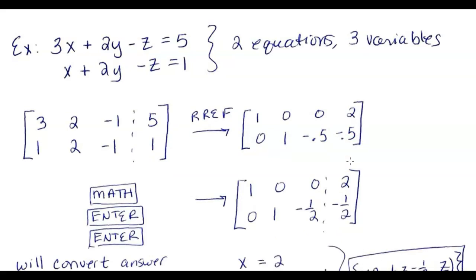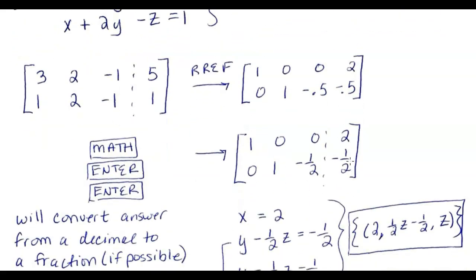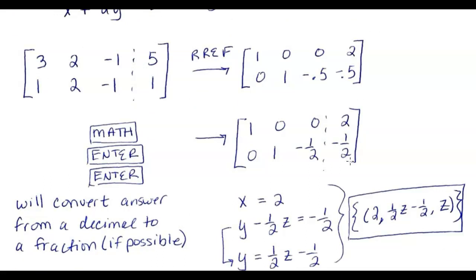In the infinite solution case, which is what we're going to have here, MyMathLab will not let you use decimals. So if you have decimals and you need to convert those to fractions, these you can convert easily in your head, right? Because it's 0.5, we know that equals a half, but sometimes they're not. So if you get matrix entries that happen to be decimals and you need them converted to fractions, you just press the math key, which is right below your green alpha button.